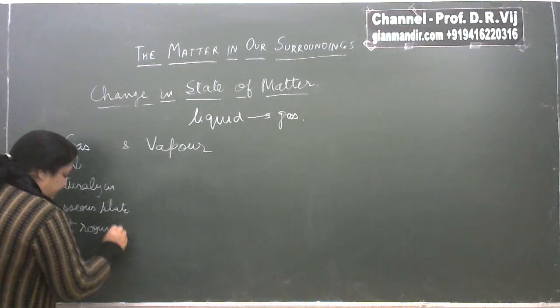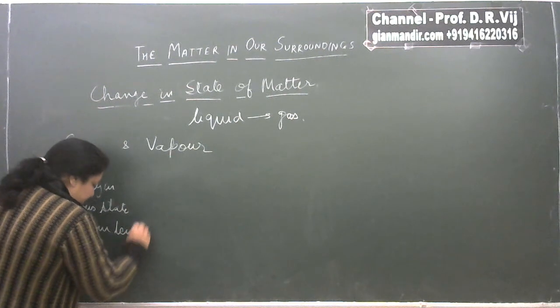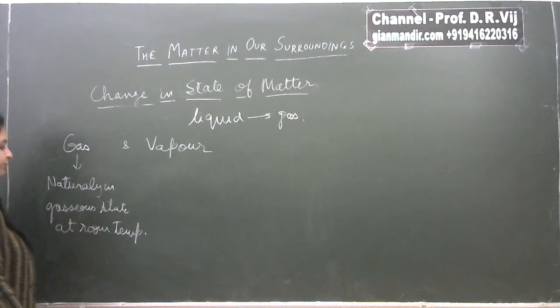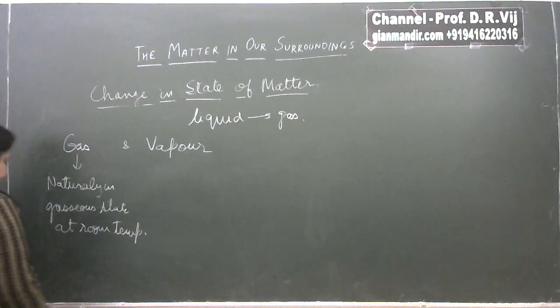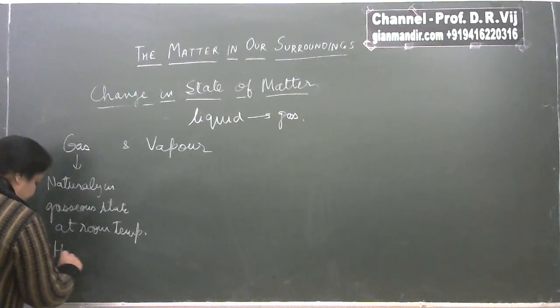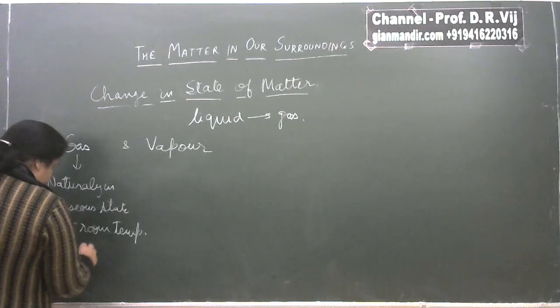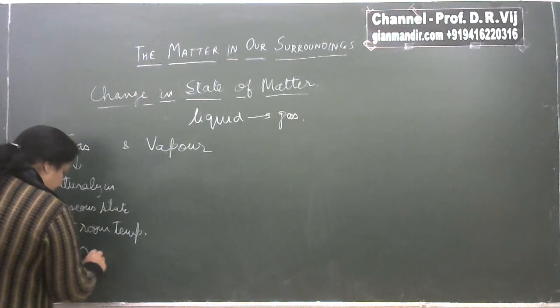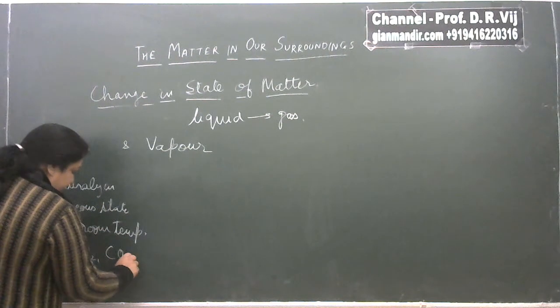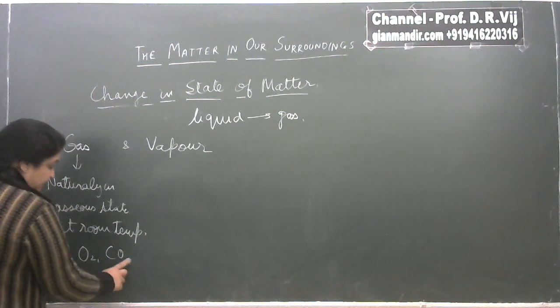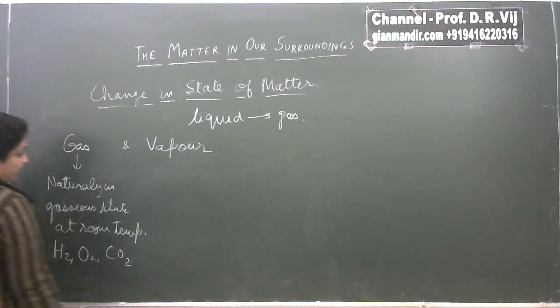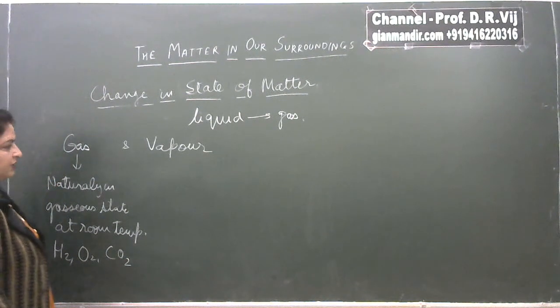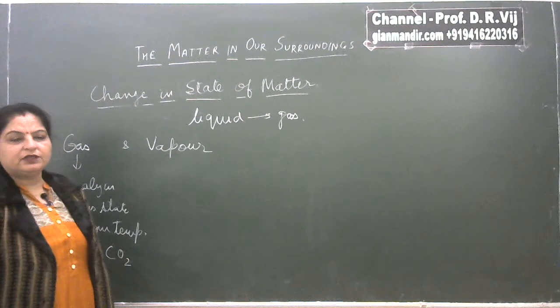If something at room temperature itself is in gaseous state, it should be considered a gas. For example, hydrogen gas, oxygen gas, carbon dioxide gas, because these are substances that we find in gaseous state at room temperature.